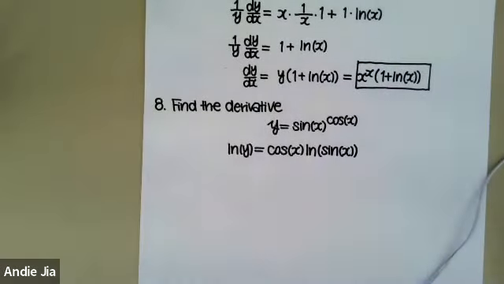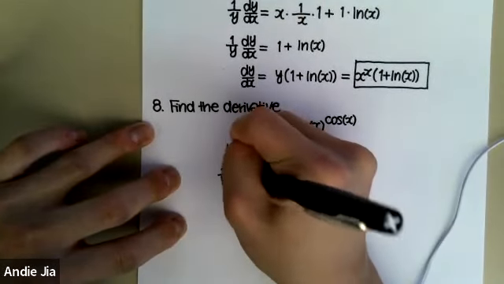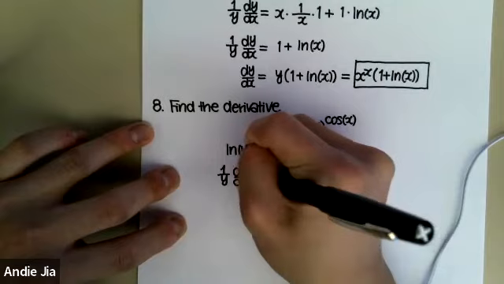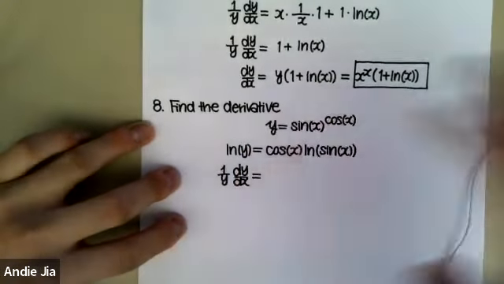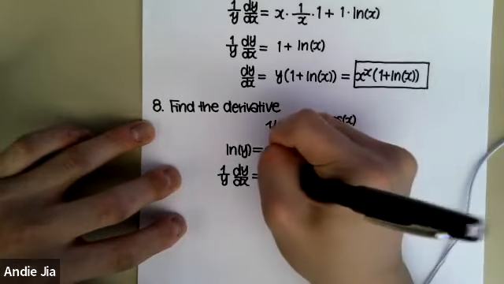Now it's the chain rule and implicit differentiation, and the product rule. The g of x just stays the same here.